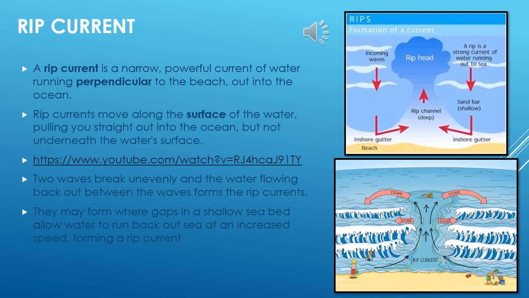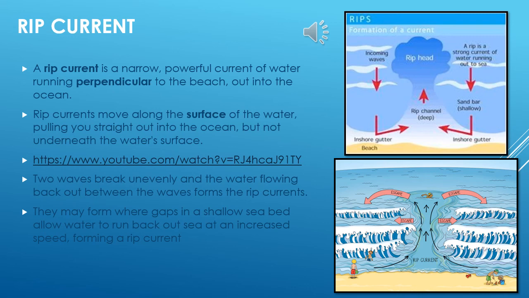A much smaller version of an ocean current is called a rip current. Now, any of you that have ever done life-saving courses or anything like that might be familiar with what a rip current is. A rip current is on one particular part of a beach. You'll have an area where the water is flowing a lot quicker than in other areas, and you can see in the diagrams here what it looks like.